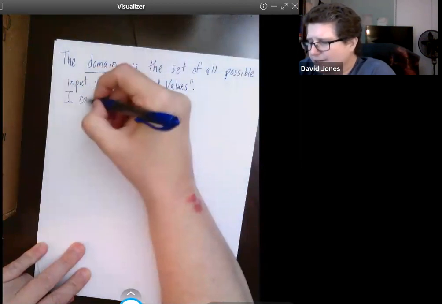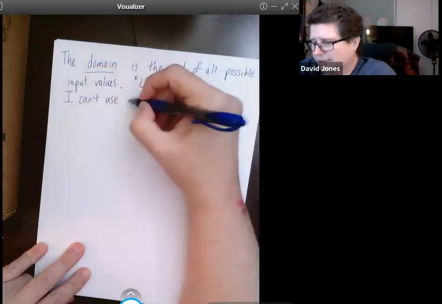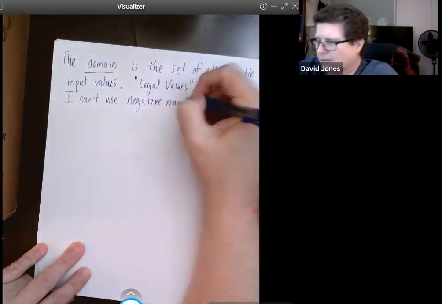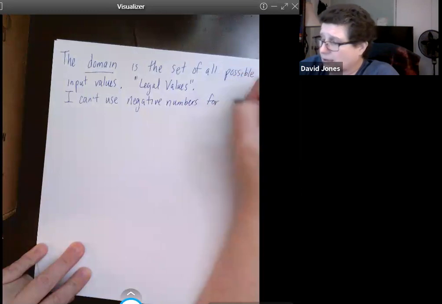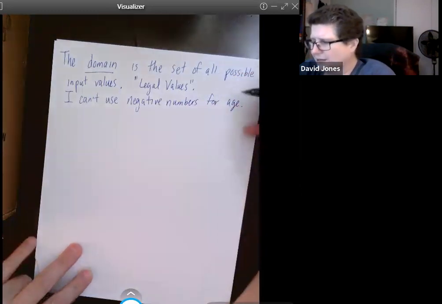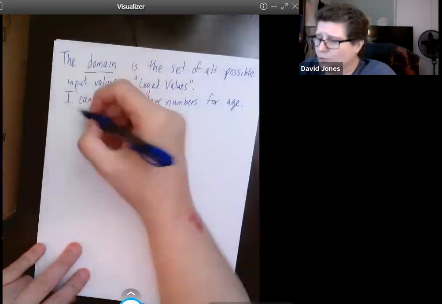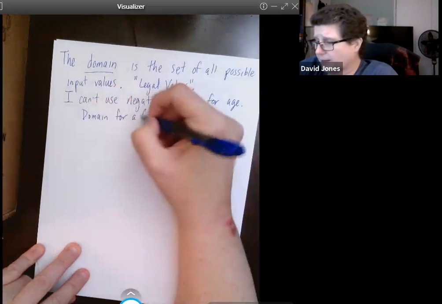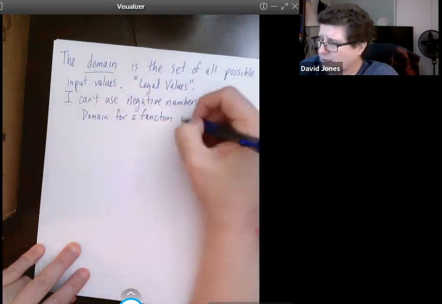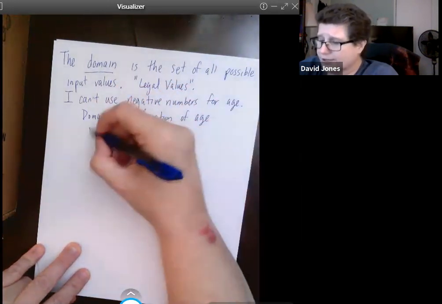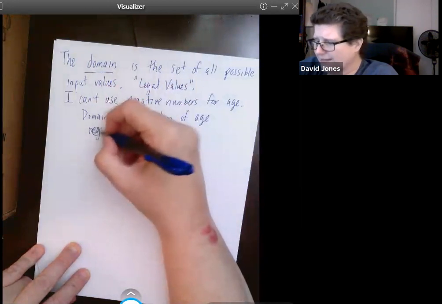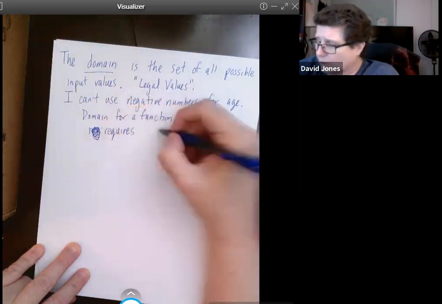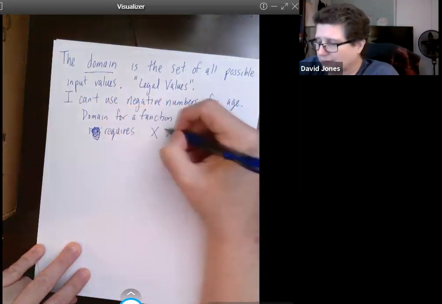I can't use negative numbers for age. So if I'm looking at age, the domain of a function of age requires x to be, well, even having 0 doesn't make much sense. An age of 0 means you're just not born. Requires x to be greater than 0.